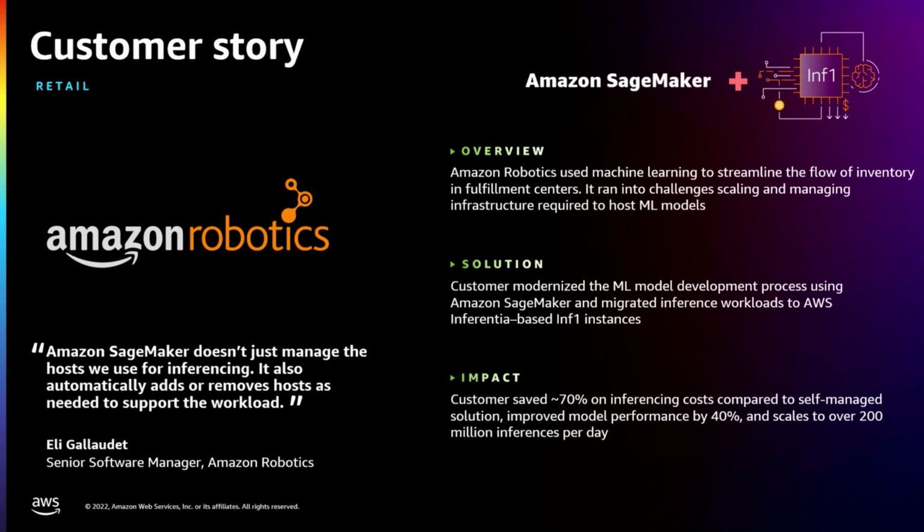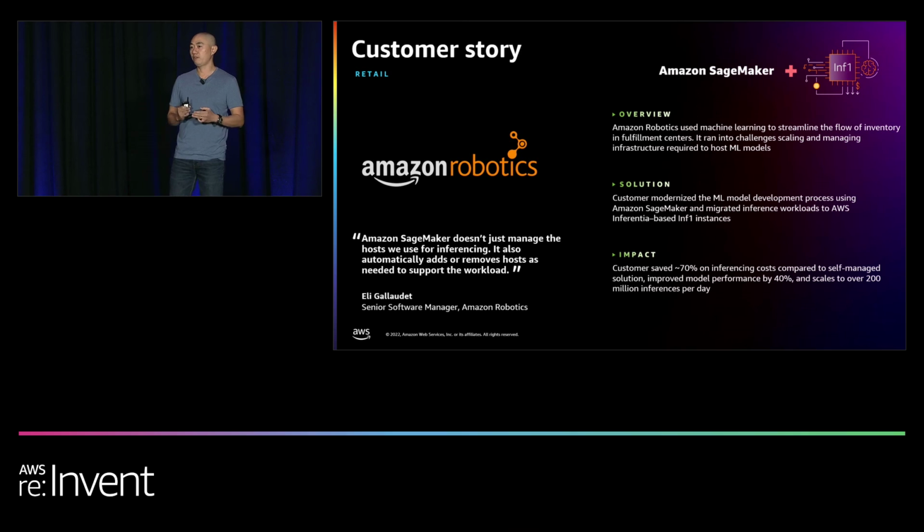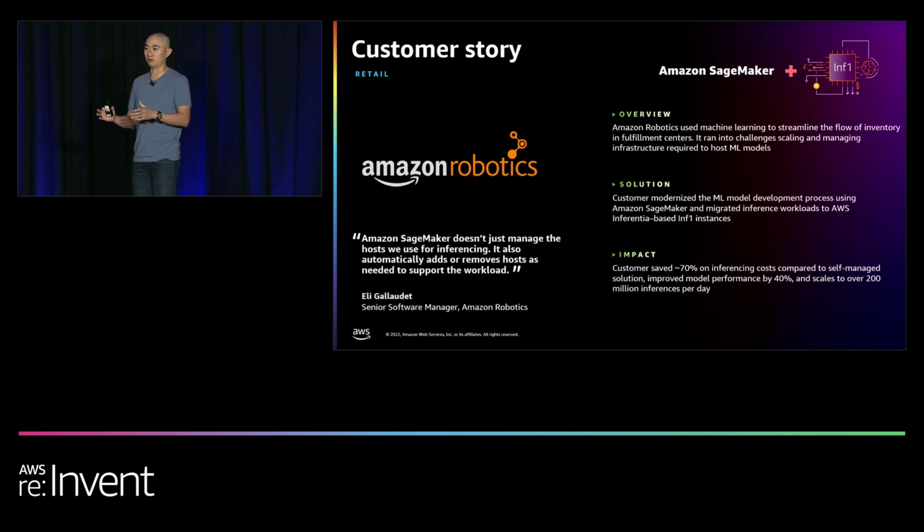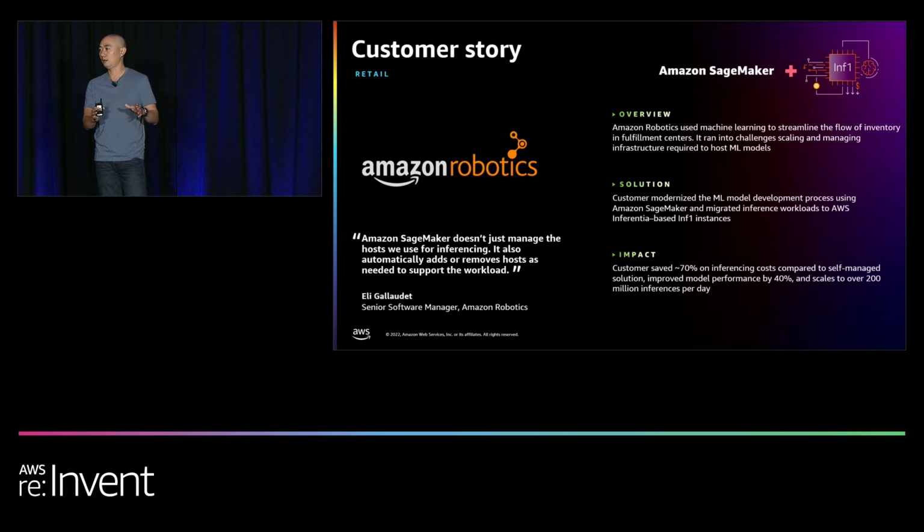So in those fulfillment centers, there are 3 very important physical components to manage the flow of inventory. There are these units that we call the mobile shelving units, the robots, and also the employees' workstations.